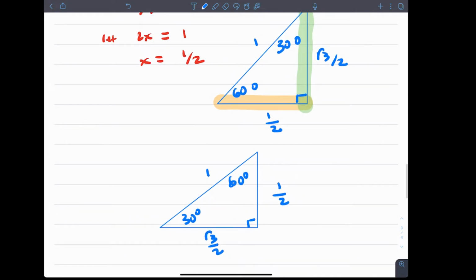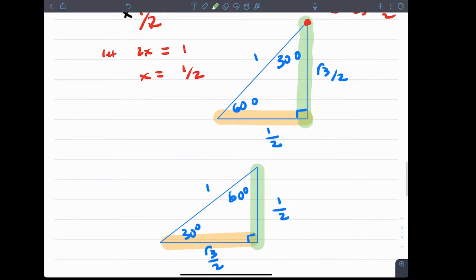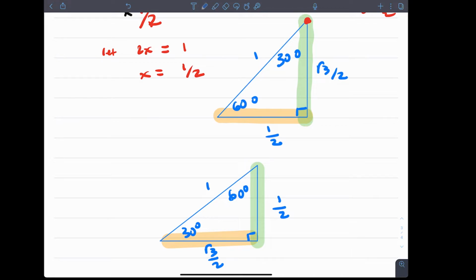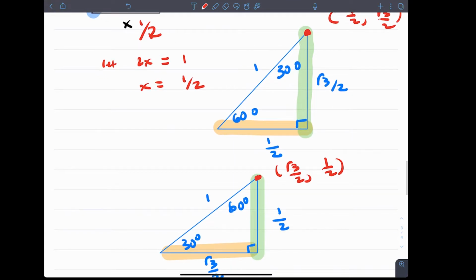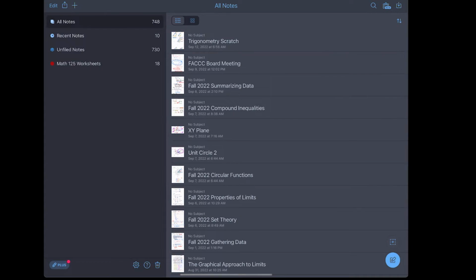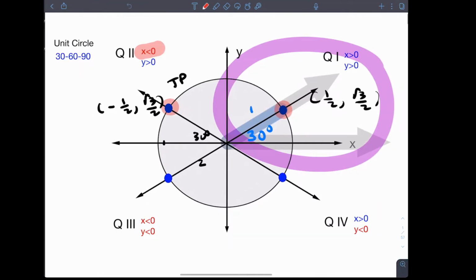And you're right, so the x value here, and down here is the y value. So there are different triangles, and you're correct. It is, in fact, reversed, so let me apologize for that. It's the square root of 3 over 2, and it's 1/2. It is reversed, but we're going to look at both of them. That's the whole idea. Square root of 3 over 2 starts the conversation there. So you're right.